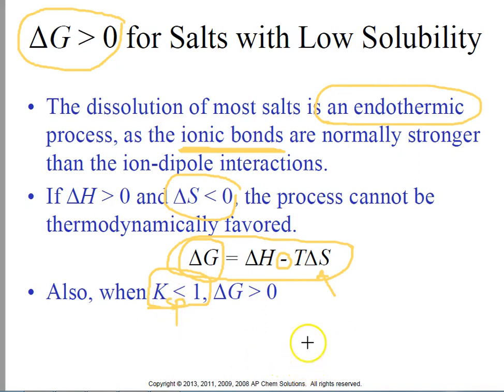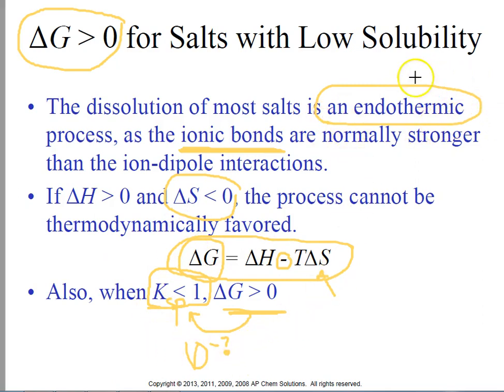Okay, so let's kind of put this all together. We're looking at equilibrium situations here. And we're saying that sometimes when we dissolve a salt, the delta G is positive, meaning overall it's not thermodynamically favored. Therefore, our K value is going to be less than 1, so 10 to the negative something. Why would dissolving not be favored?